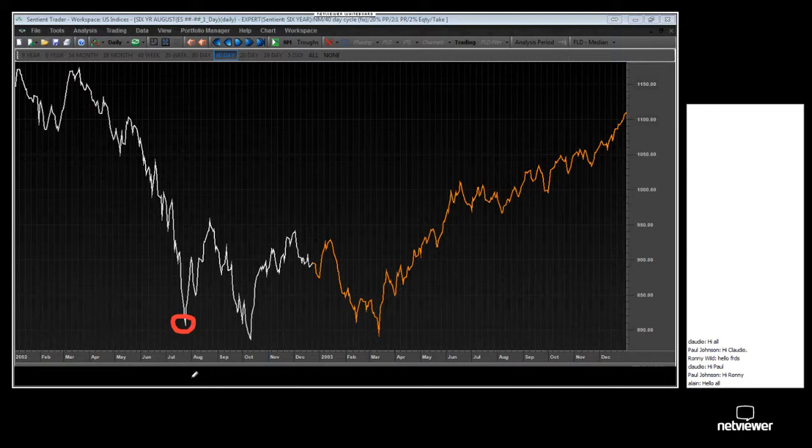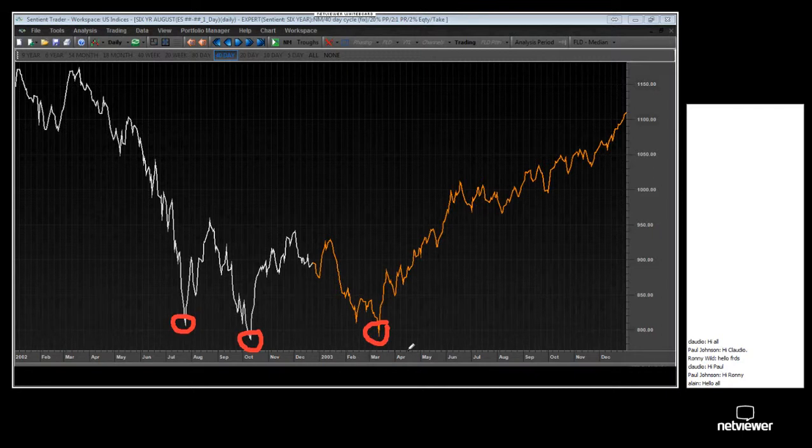The first one was August of 2002. Notice something interesting in the American market. It wasn't in August of 2002. It was, in fact, in July of 2002. Okay? So it occurred a few weeks earlier in the American markets. The next trough was October of 2002.